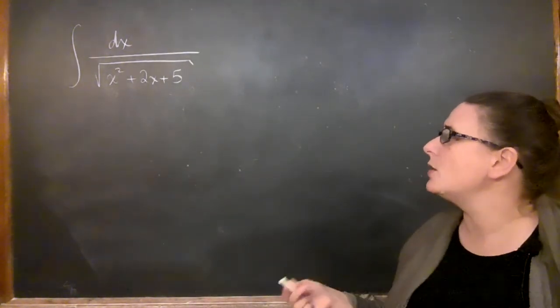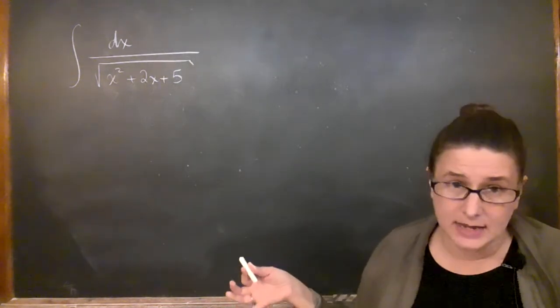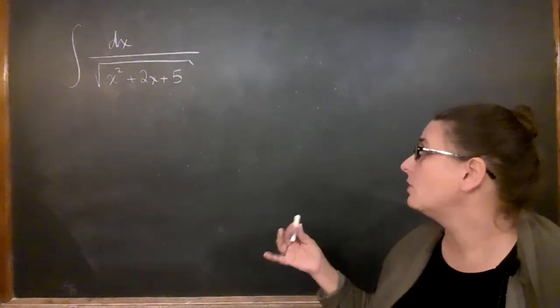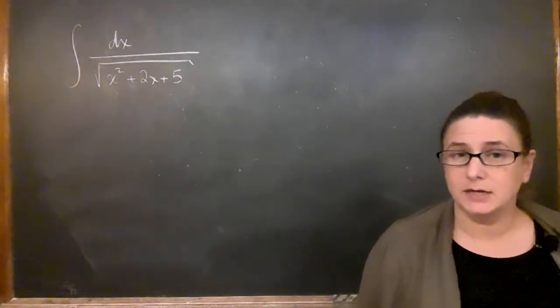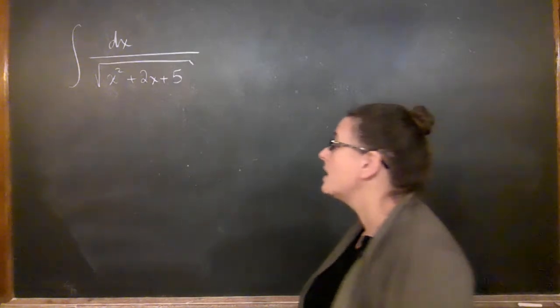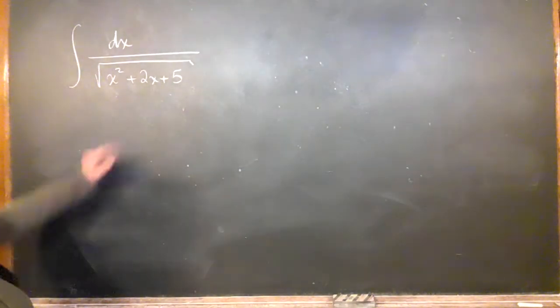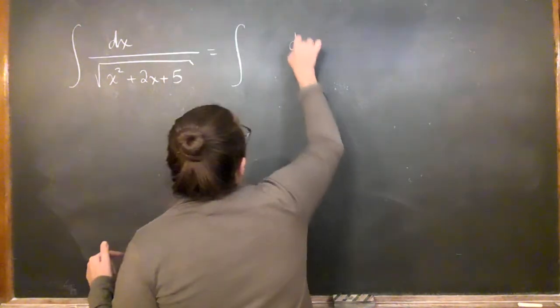Because this is now not yet of the form x squared plus or minus a squared. But it's a regular old quadratic, and we can do that. We can transform it into the form by completing the square, right? And this is easy to complete the square, actually. There's almost nothing to do here.